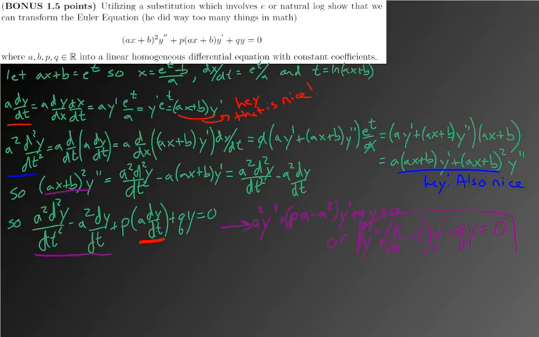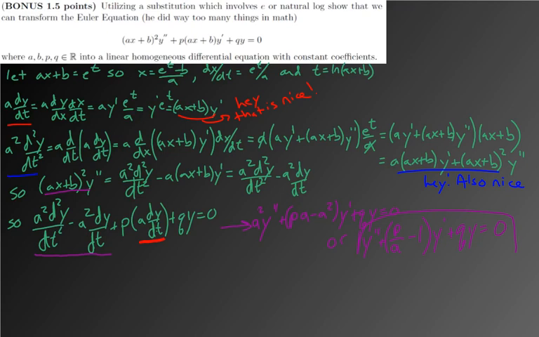So just to show you a kind of scary problem, this was actually a bonus problem from a differential equations exam that I gave last year that I wrote up. This is a hard problem for sure. But just to show you a problem where we would use this kind of chain rule.